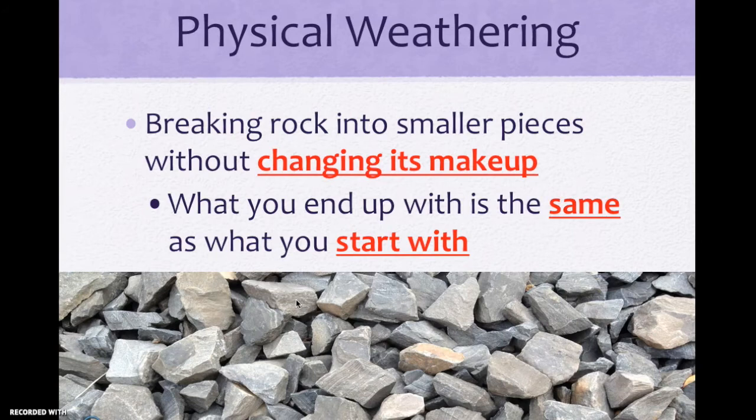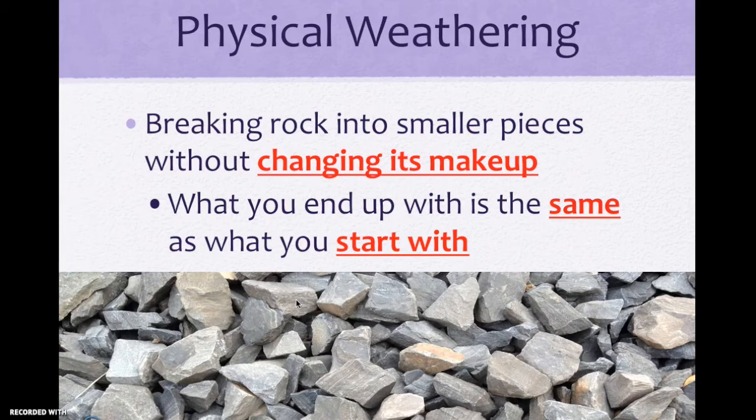Physical weathering is breaking rock into smaller pieces without changing its makeup. So, smashing a rock with a hammer, smashing the rock against your head. Actually, that would hurt. But smashing a rock with your car. All these things are physical weathering. Okay?